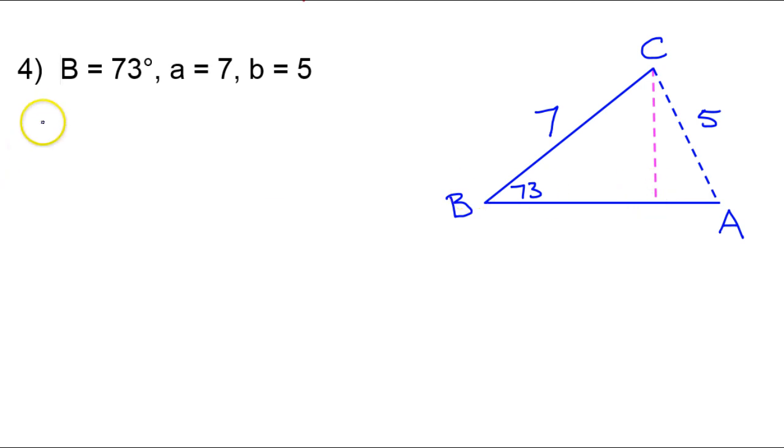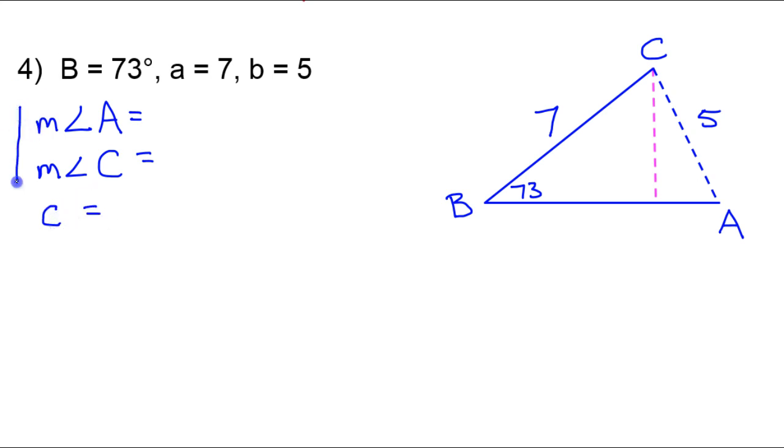So let's think about the information that we're going to need. We have one angle, but we're missing the other two. So we're going to need the measure of angle A. We're going to need the measure of angle C. And we're going to need side C, which is the missing side.